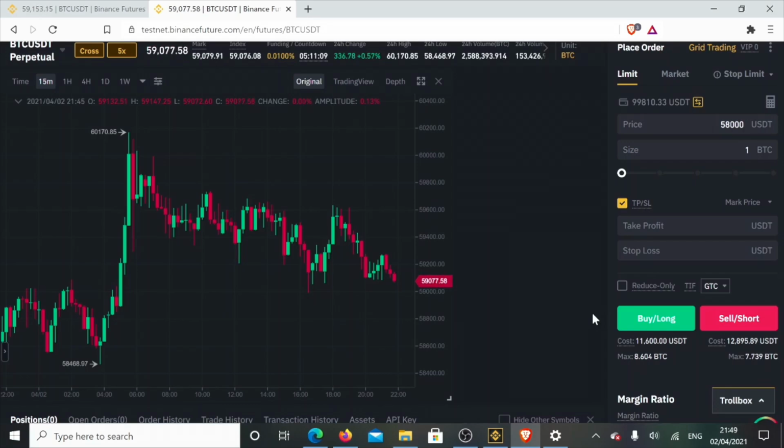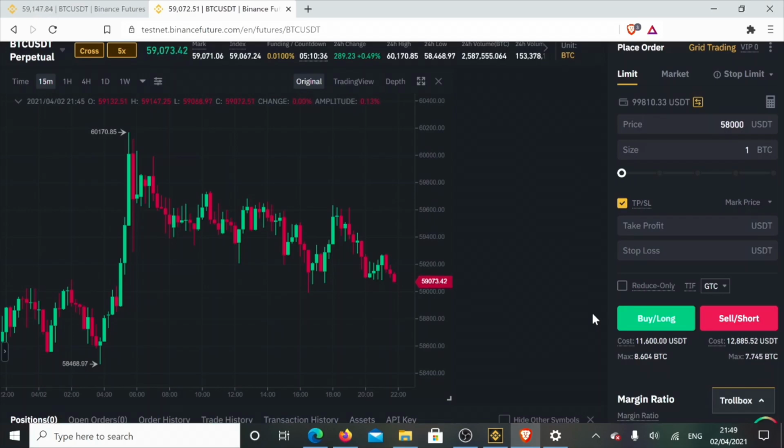A buy or a long order means you are buying an asset at a lower price in the hope that the price will increase so that you make profit. Whereas in a sell order or a short order, you are selling at a higher price. After your analysis, you believe the price of this Bitcoin is going to reduce, so you sell and buy back at a lower price to make a profit. I'm sure you understand that.